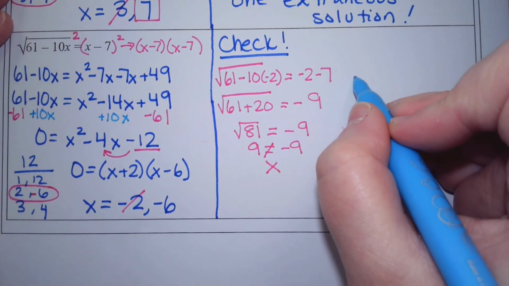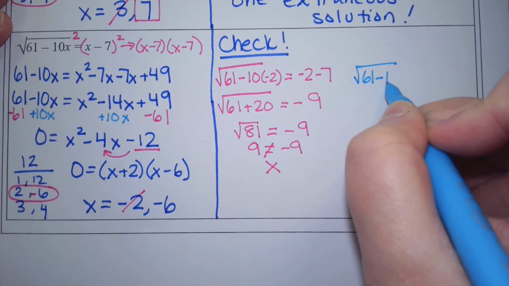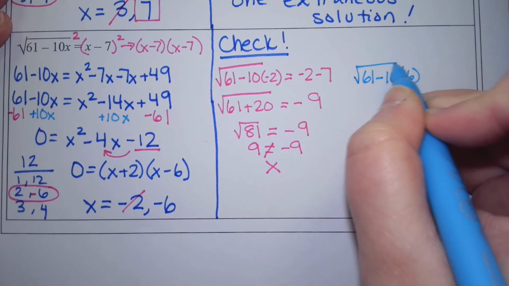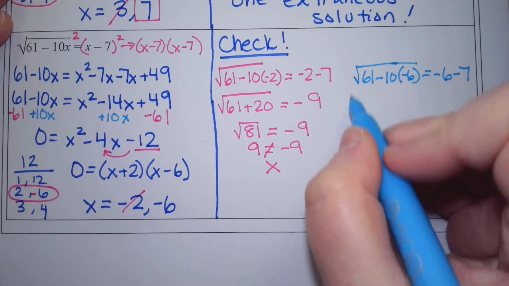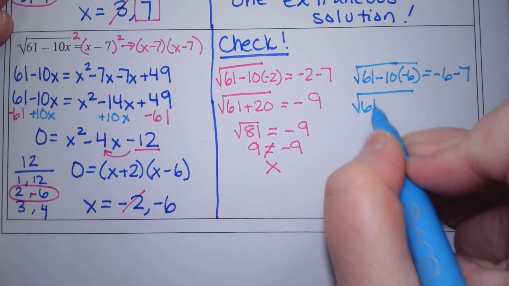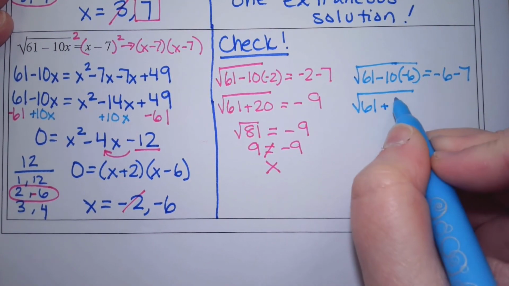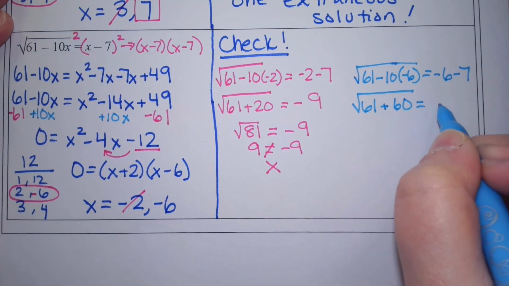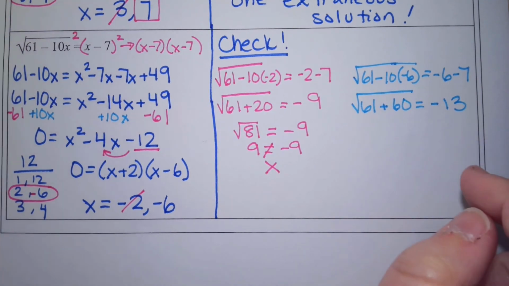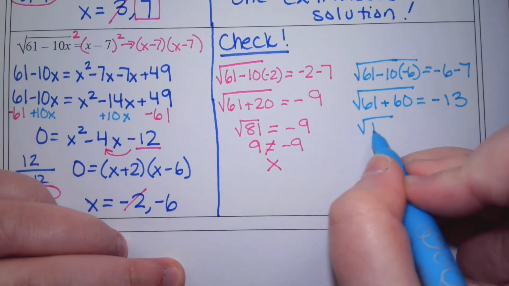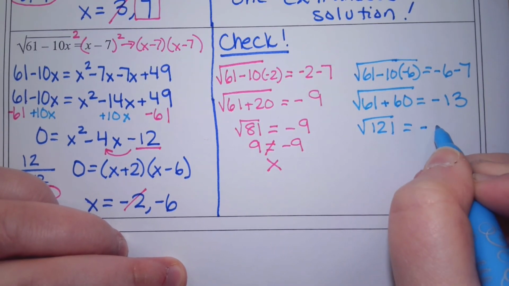All right, our next one. Square root of 61 minus 10 times 6 equals 6 minus 7. So square root of 61 minus 60 equals negative 1.